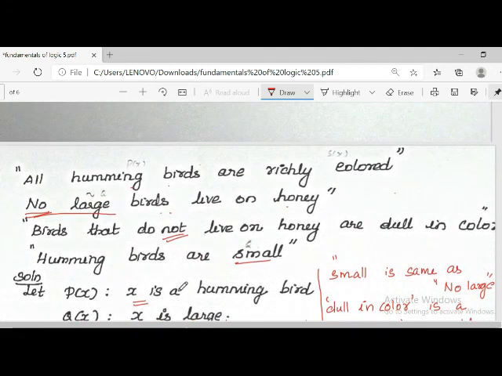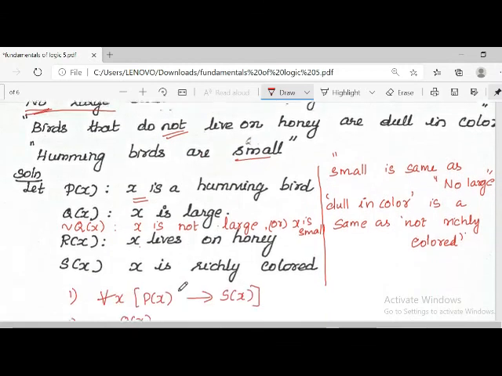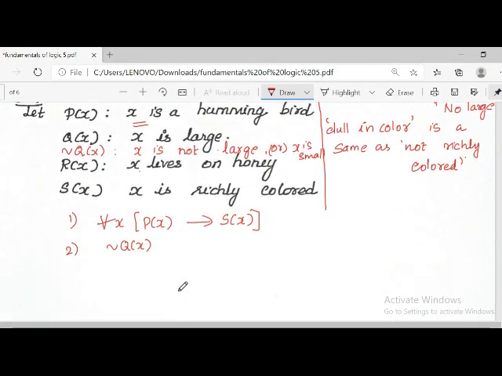And the next one is lives on honey. Lives on honey means R of x, isn't it? So you can take it as R of x. Now how can we write this?